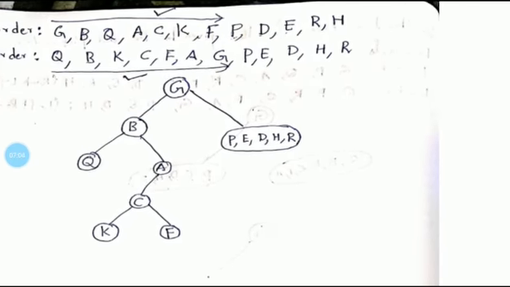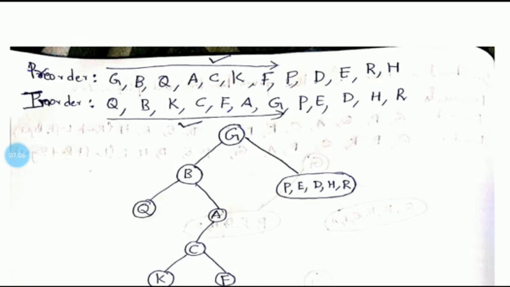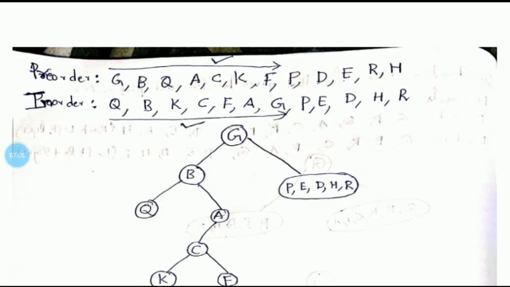The right subtree contains five elements: P E D H R. In these five elements, which becomes a root node? The root node information is obtained by looking at the pre-order sequence, PEDHR.